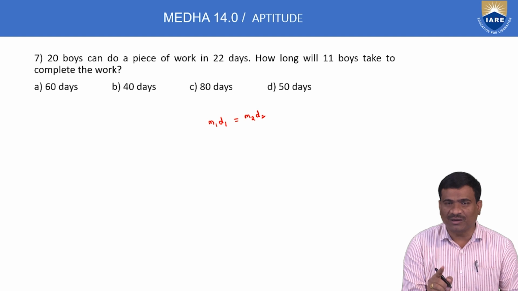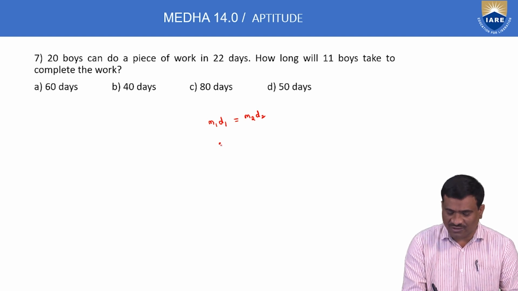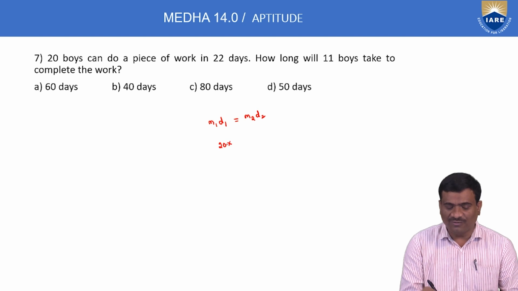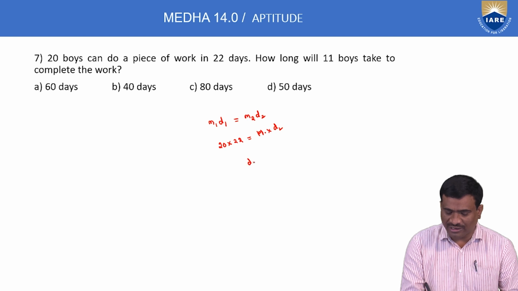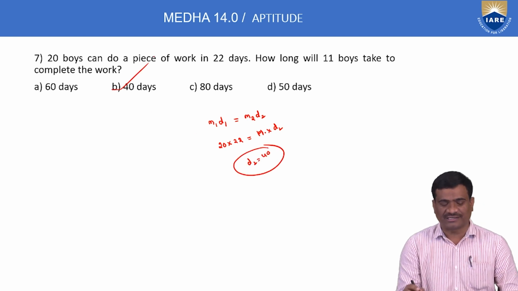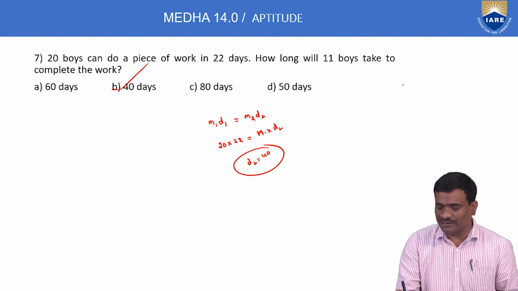The relation between persons and days, M1 D1 is equal to M2 D2, where M1 is 20, D1 is 22. 20 into 22 is equal to 11 into D2, calculate only D2, where D2 is equal to 40. Option B only correct.